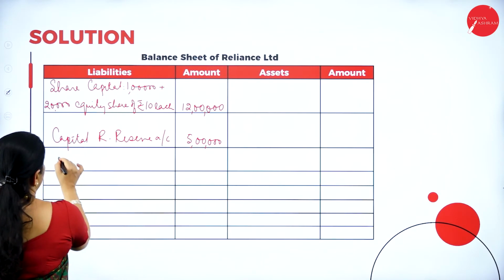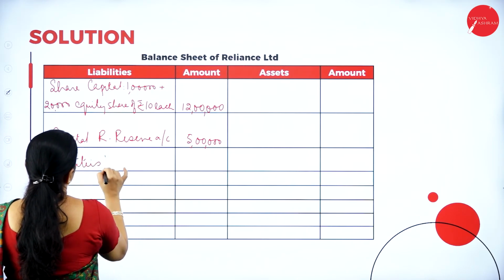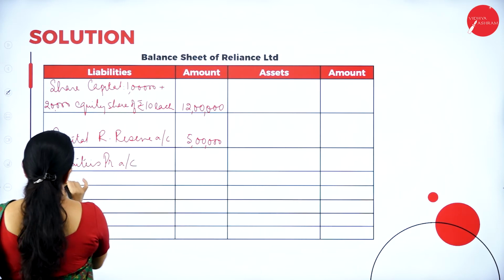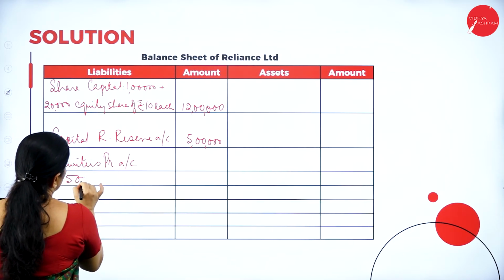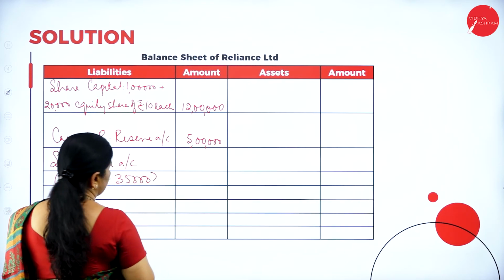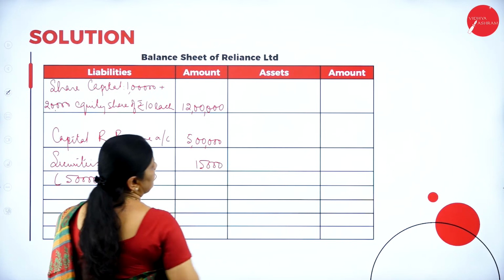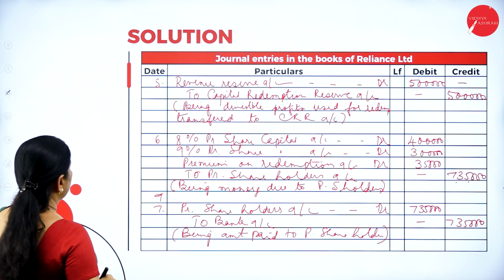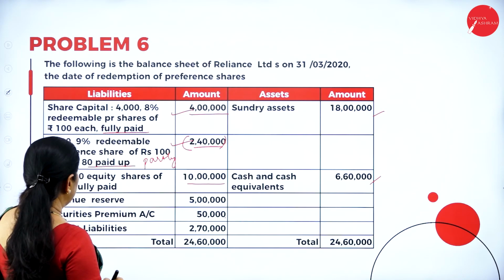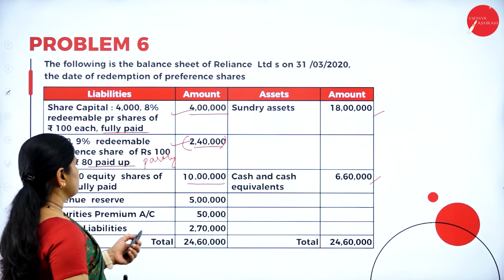Then next we have securities premium account. Now there is 50,000 in this account. From this I am taking 35,000. The rest of the 15,000 I will write as it is. Now the next one will be current liabilities 2,70,000.